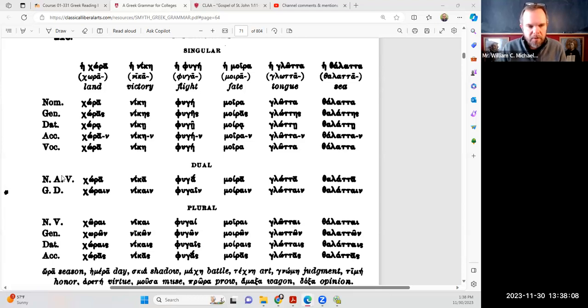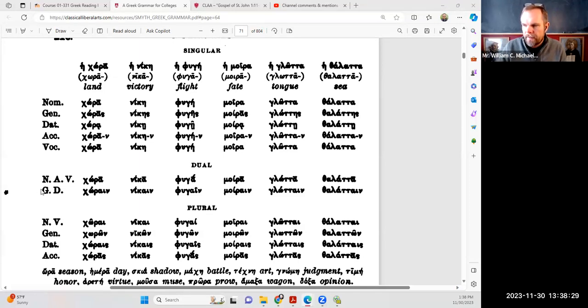You guys are actually sharper than I expected. You got it. Yes, they all end in alpha. Very good. Again, this is one of the signs that these are alpha stem nouns. So for the dual, the nominative, accusative, and vocative cases all end in alpha.